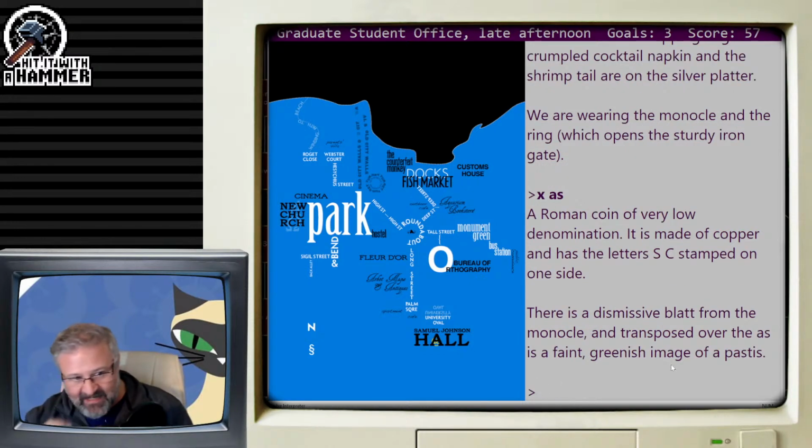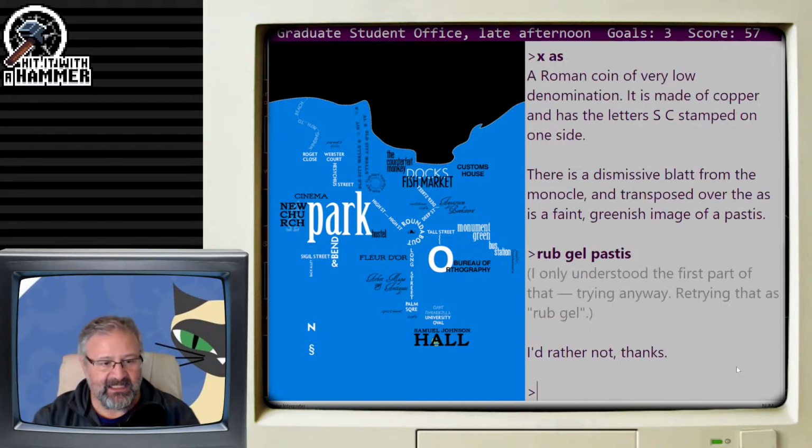We have the as. Dismissive black from the monocle, the faint greenish image of a pastis. I'm pretty sure once we restore it to the pastis, we can no longer get it back to an as. This is like a one-time only thing, at least with the tools that we have currently. But if you rub gel on the pastis... Oh, no?